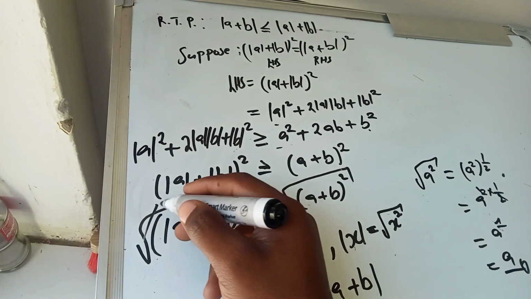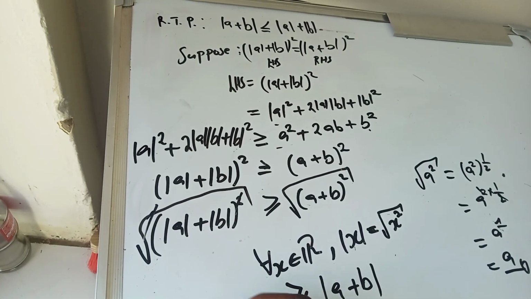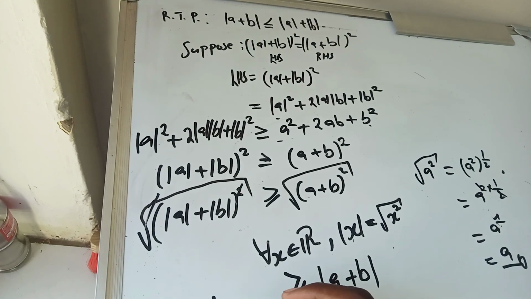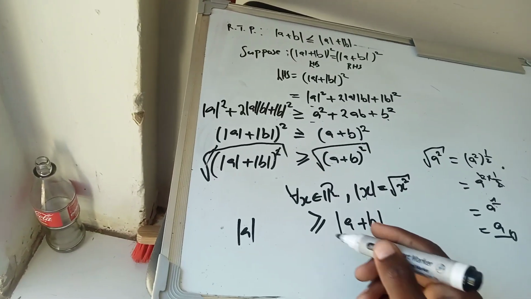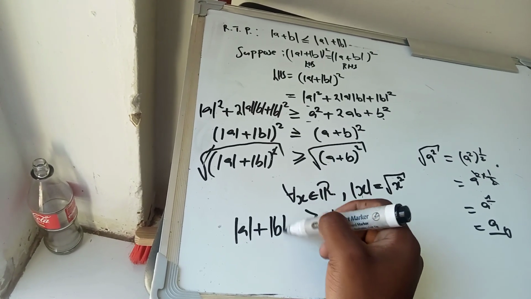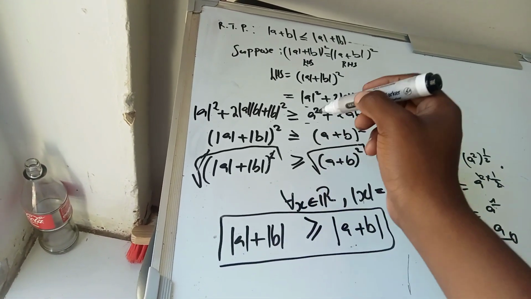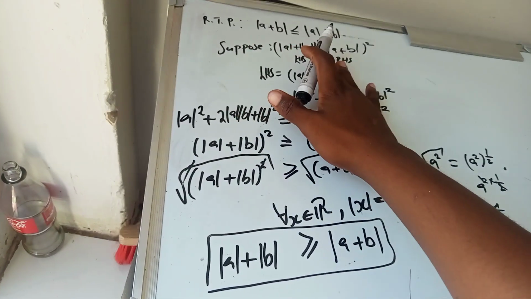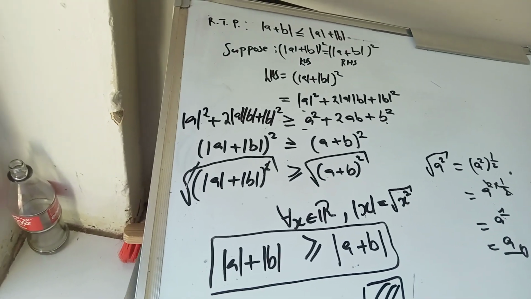Hence I'll just say this and this cancel each other, so that I am left with the absolute value of a plus the absolute value of b. I'm sorry about my camera. Exactly the same as that. Now my proof is complete.